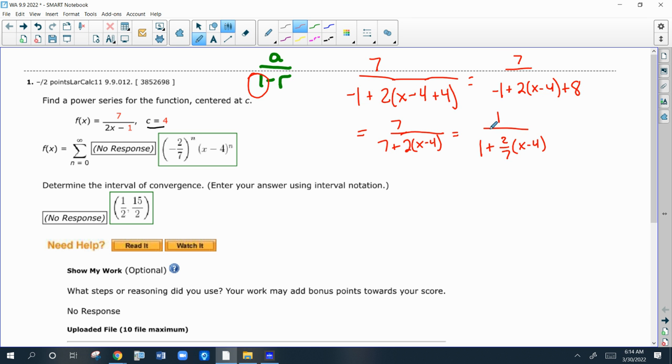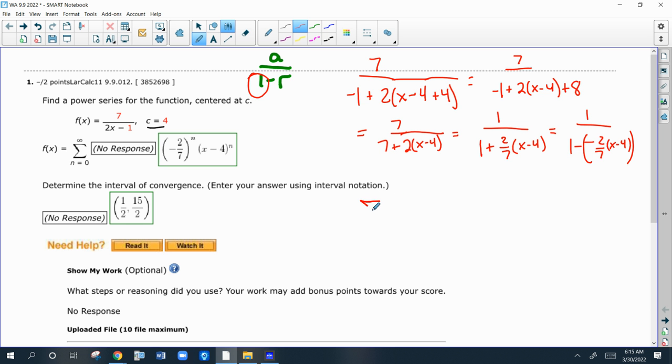And now I have it looking a lot better as the sum of a geometric series. Now it even looks better yet, minus a negative. So this is the result of the sum of an infinite geometric series.